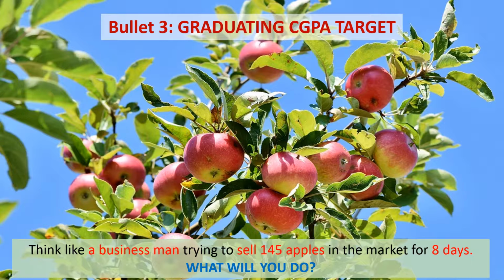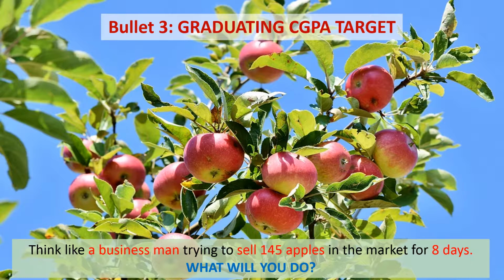So what will you be doing next for day one? Definitely you will be calculating the total amount of money you got for day one in selling the 20 apples. Then you get the total, and you divide by the number of apples so that you get the average value you managed to sell for each apple.